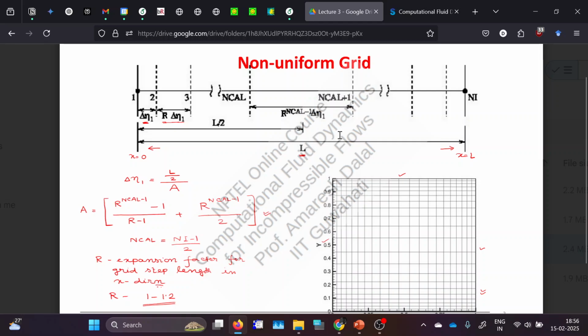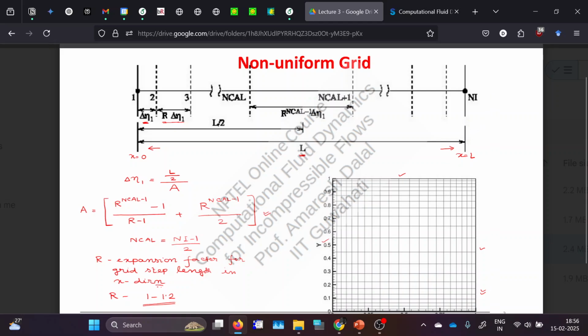Sir, I can't see the new screen that you are trying to present. Okay, sorry.